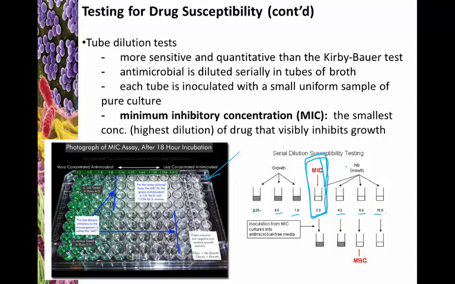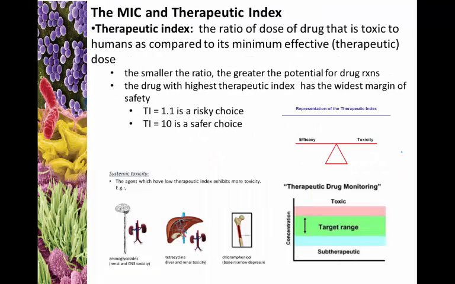Now, the minimum inhibitory concentration, the lowest dose or amount you can use, will come into play in calculating what we call the therapeutic index.